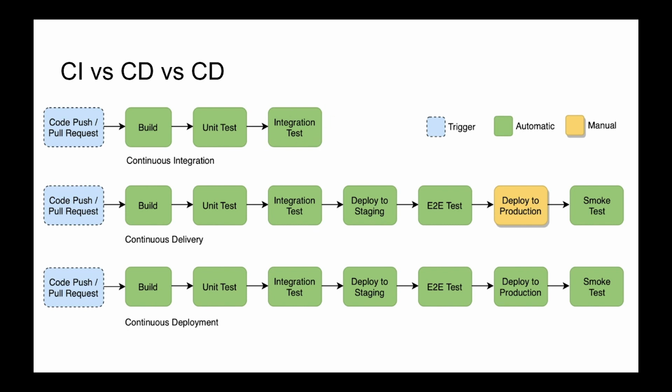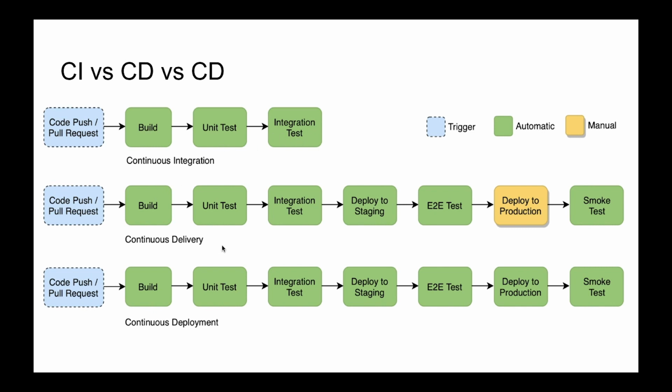We do it to avoid any conflicts, because when we have a huge team, each team may develop some part of code or some feature and merge to the main branch. And we want to have the latest version of our code, and we want to make sure that it works fine. That's continuous integration. We have a code push, which is our trigger, or a pull request, and we run these pipelines.